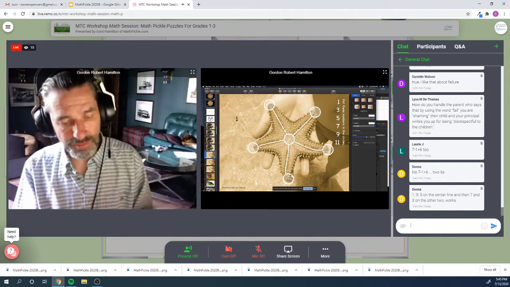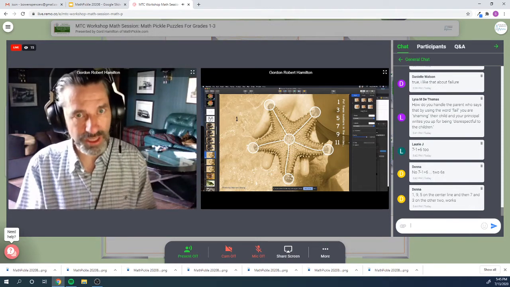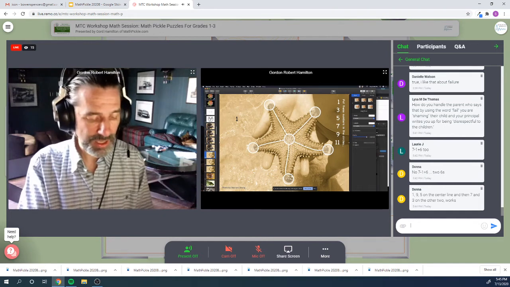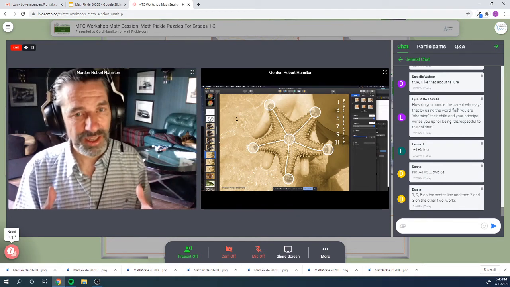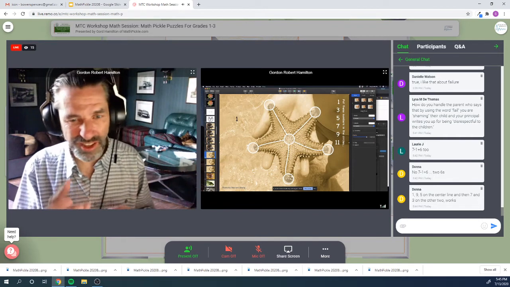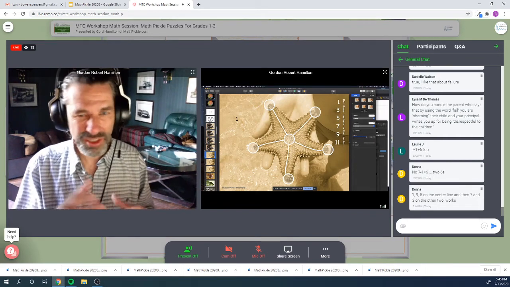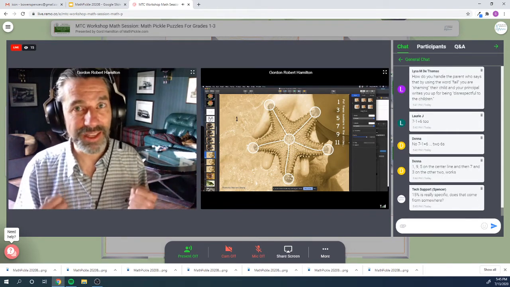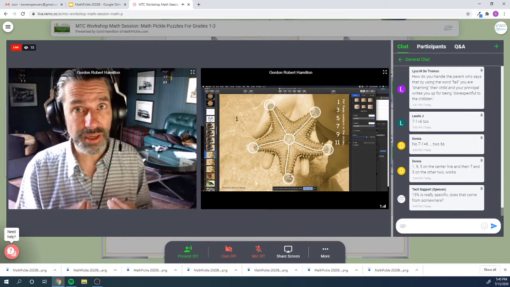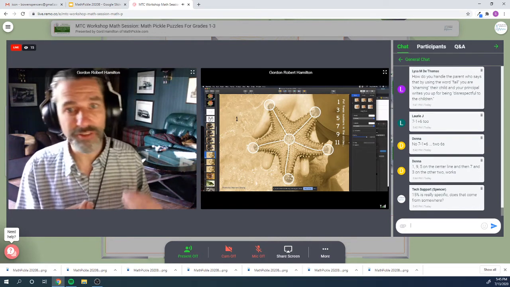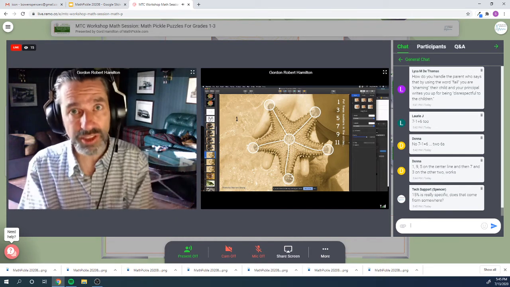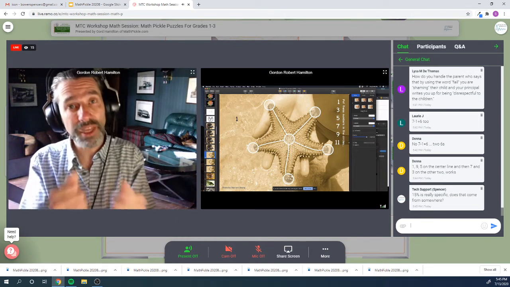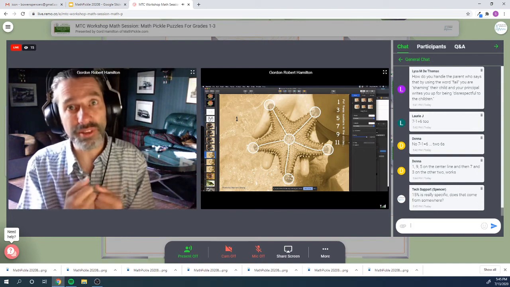I try to produce them and photocopy them and have them laminated for the kids. Photocopies that are smudged and of poor quality, I hate that. I love beauty in mathematics. I love beauty in the physical artifact that I give to the children. I take pride in making puzzle sheets that are beautiful.